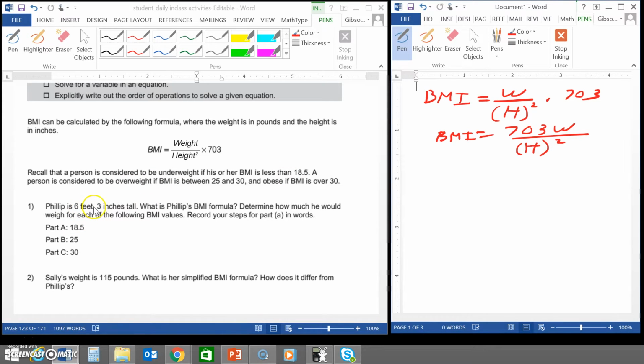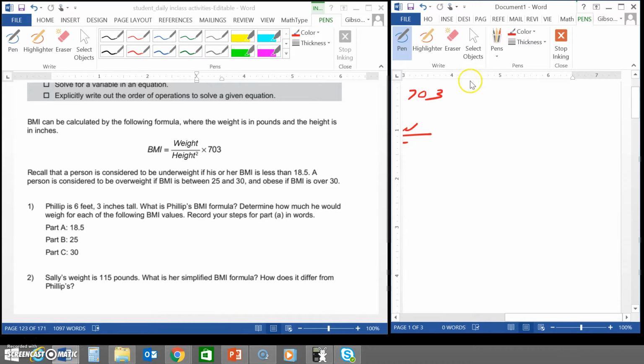We know that he's 6 feet 3 inches tall. So we'll go over to the side. We'll take 6 feet and change that to inches because our height is in inches here. So we'll put 6 feet over 1. Our feet will simplify out, and that will give us 72 inches plus the 3 inches that he had, because he was 6 feet 3 inches. So he is 75 inches.